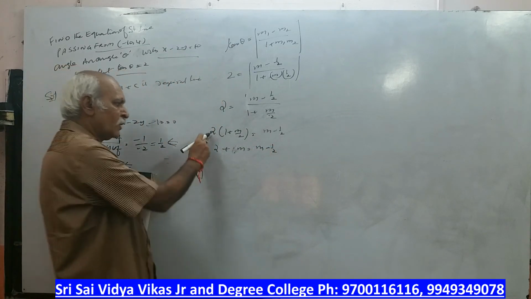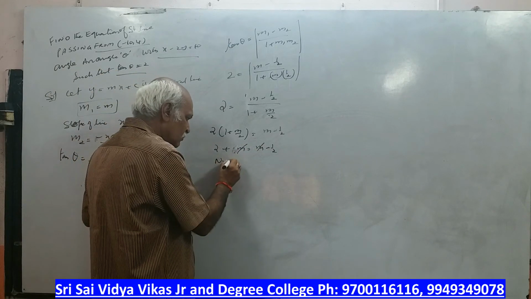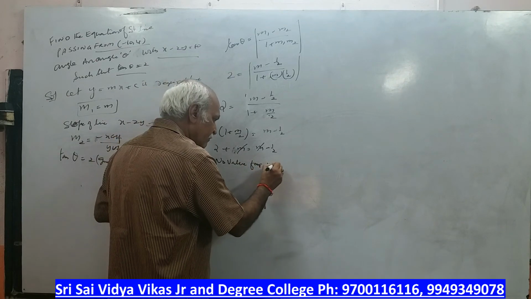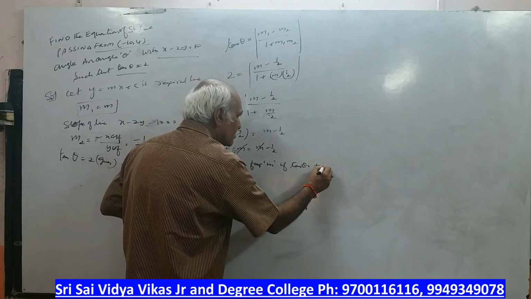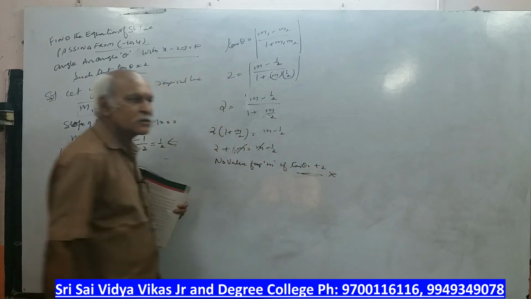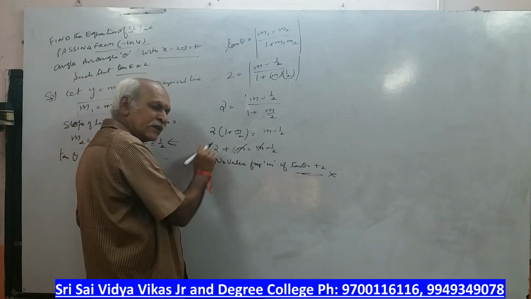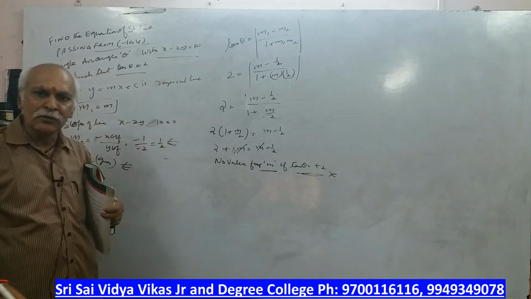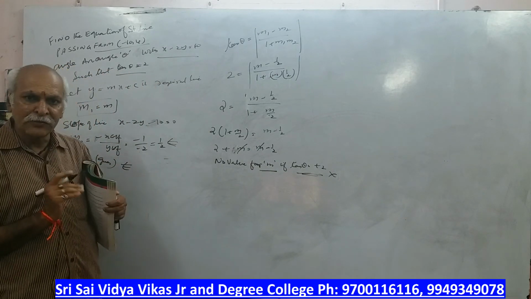What happened? If I open the bracket, both m's are getting cancelled. There is no value for m if tan theta is equal to plus 2. Please understand, because here m and m will get cancelled. Why, sir? If you bring this side, it becomes minus m. So m is cancelling. If tan theta is equal to plus 2, you will not get a value for m.